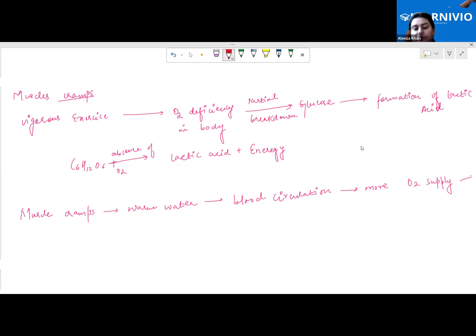After coming from these activities, you start breathing at a faster rate, yes or no? Yes, ma'am. And you start breathing with your mouth also. Why? Due to the lack of oxygen in your body. To compensate for the demand of oxygen, you start breathing faster and also take air in through your mouth.